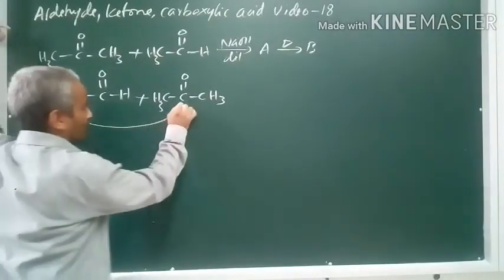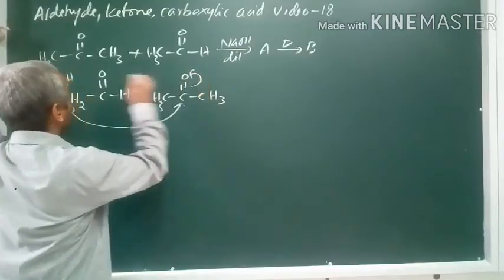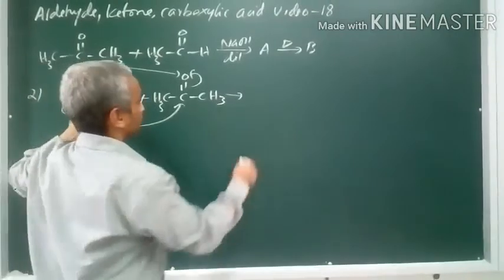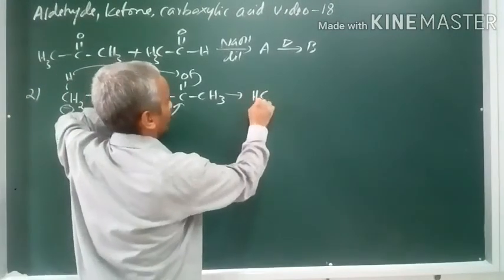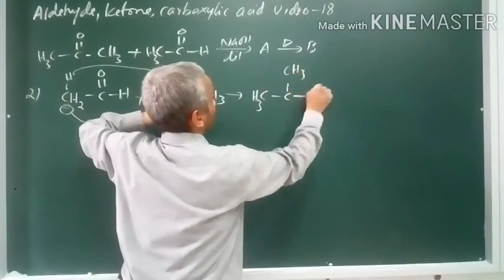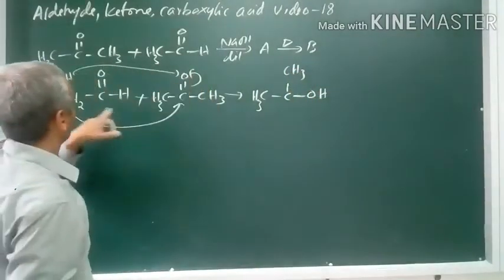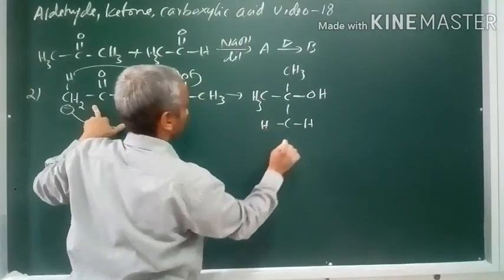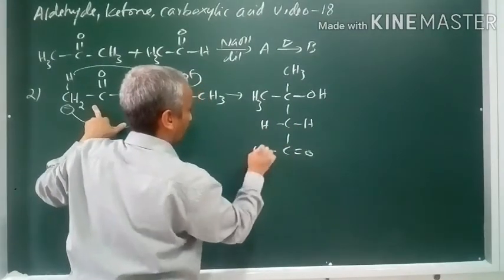This will attack the carbonyl carbon, shifted. That is taken by this. So I am going to get CH3 CH3OH, then CHCHO.